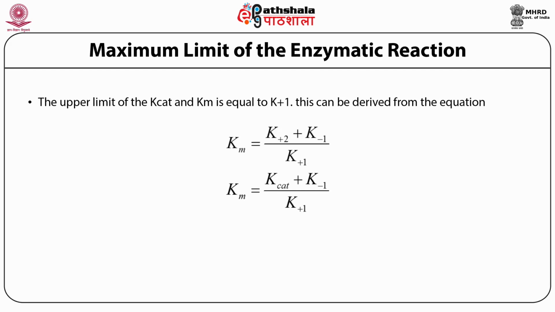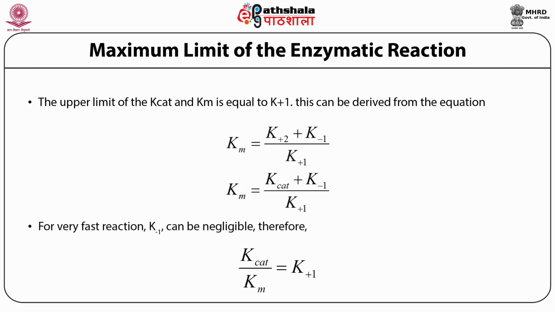If you know Km is equal to (k+2 plus k-1) divided by k+1, so Km has another form where k+2 can be replaced by kcat. But for a very fast reaction, you know that k+2 is very much greater than k-1.